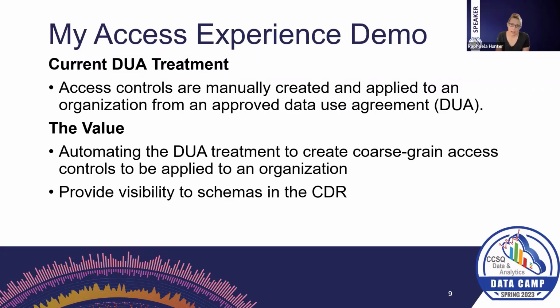So I'm going to kind of break it down a little bit. CMS enters into a data usage agreement with most organizations for PHI and/or PII disclosures to ensure that the data requesters adhere to CMS privacy and security requirements and the data release policies.